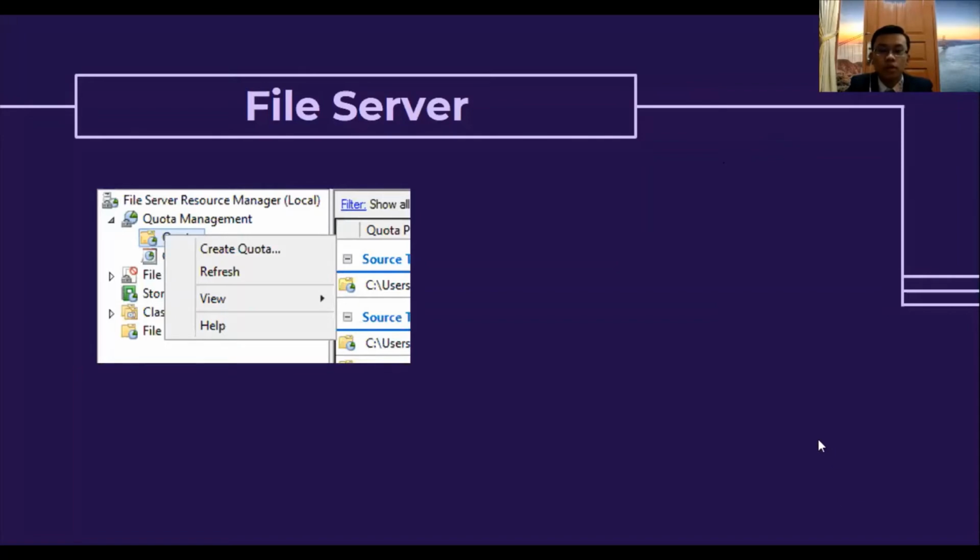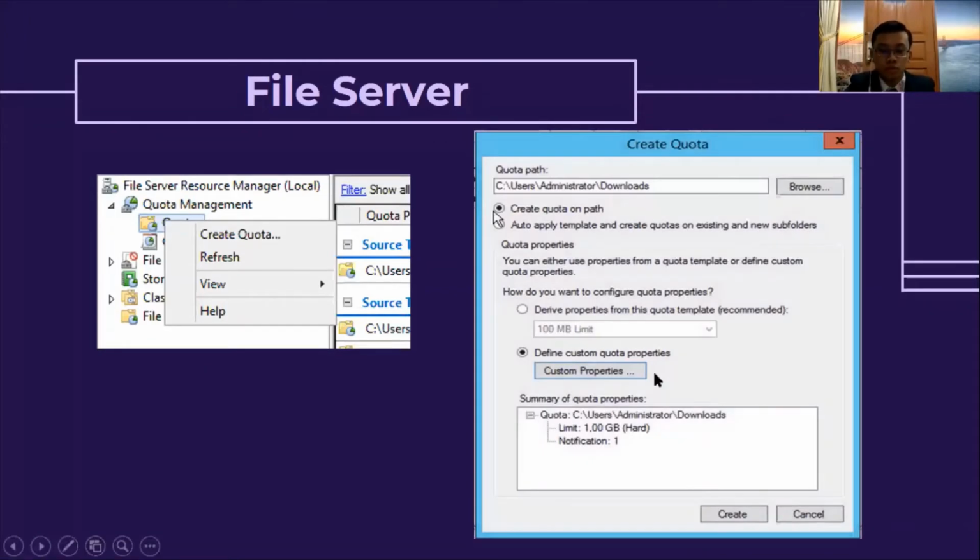In this session, I will explain about administration of Windows Server in a restaurant. This is the step to set a custom disk quota. The first step is in Server Manager.